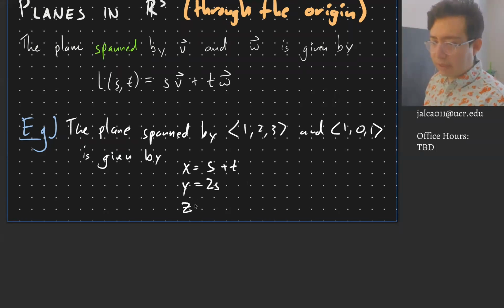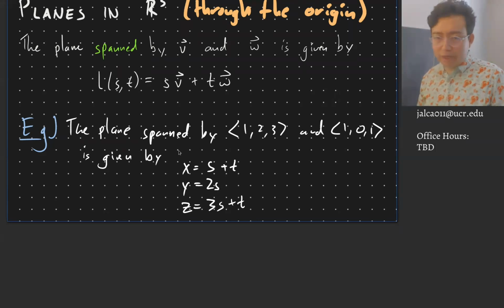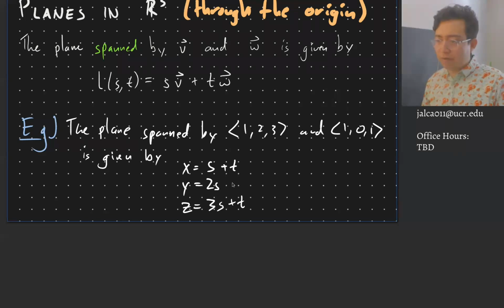And then Z is equal to S times 3 plus T times 1. Basically what we're doing is setting up our XYZ, and the coefficients on the S are going to be this vector here, and the coefficients on the T are going to be this vector here. That's how we're setting this up.